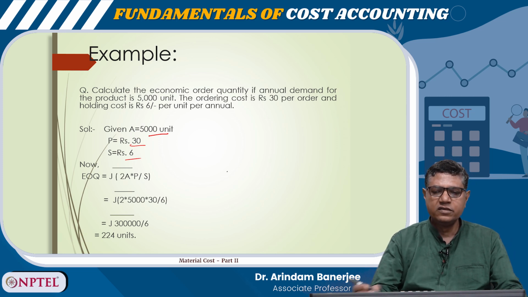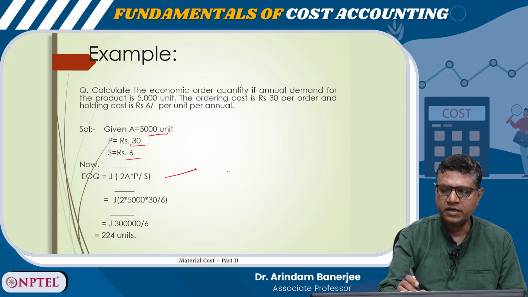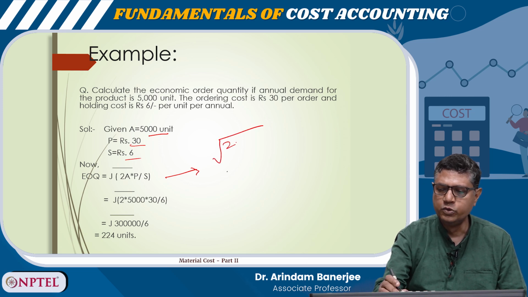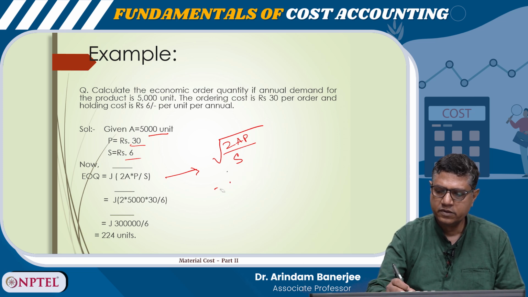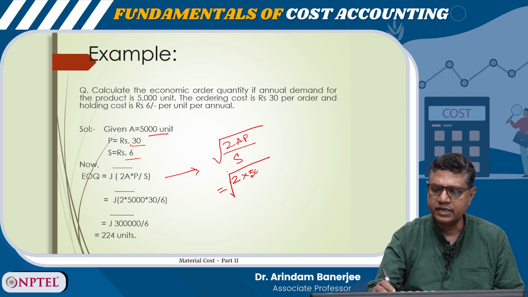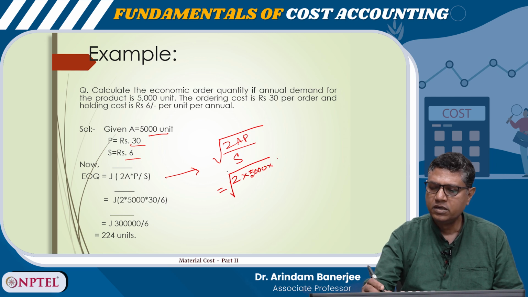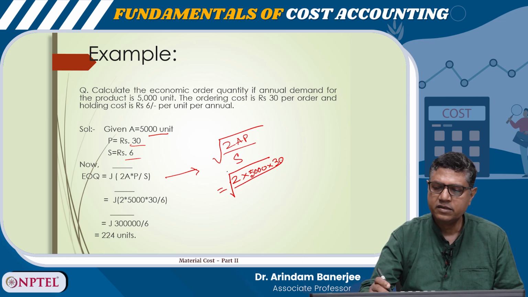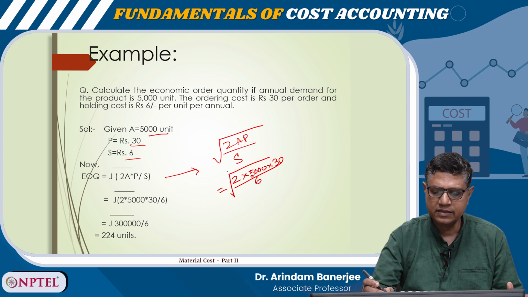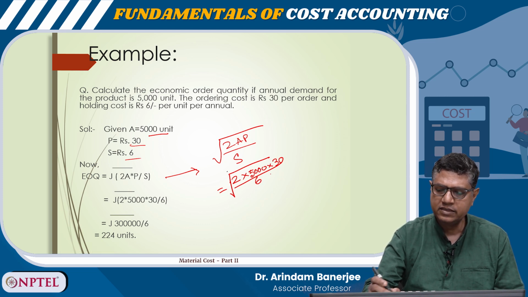So, EOQ is equal to root over 2AP by S, which is root over 2 into annual demand, 5,000, into P, the ordering cost, 30, divided by the holding cost, 6.